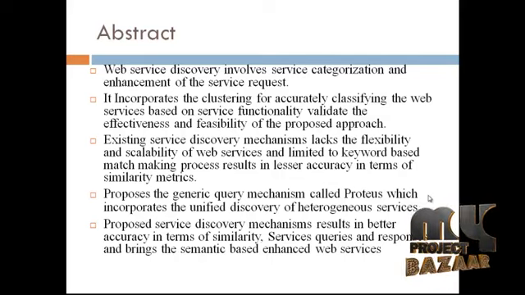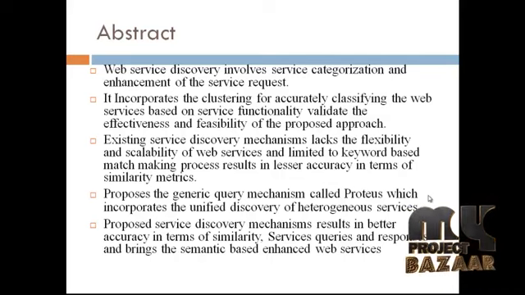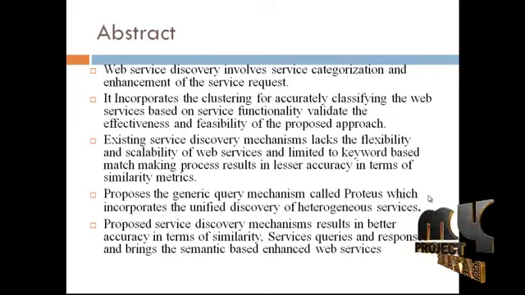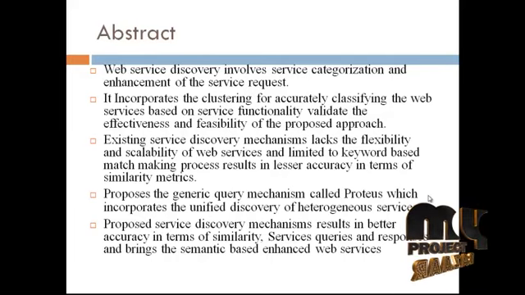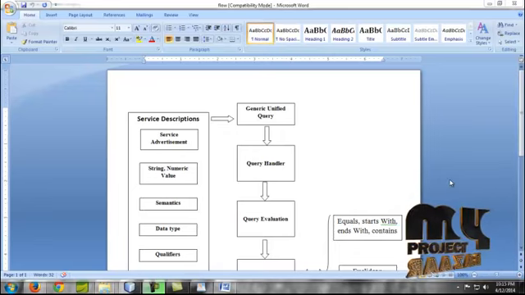It will explore the process in terms of similarity and enhanced accuracy, service queries and responses, and also provides enhanced semantic based web services. Next, we are going to see the flow of this process.